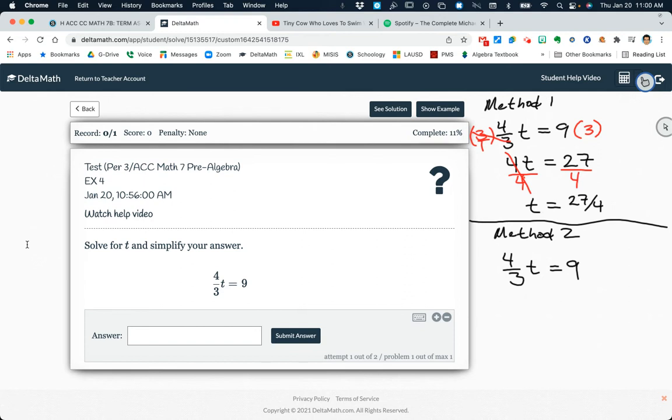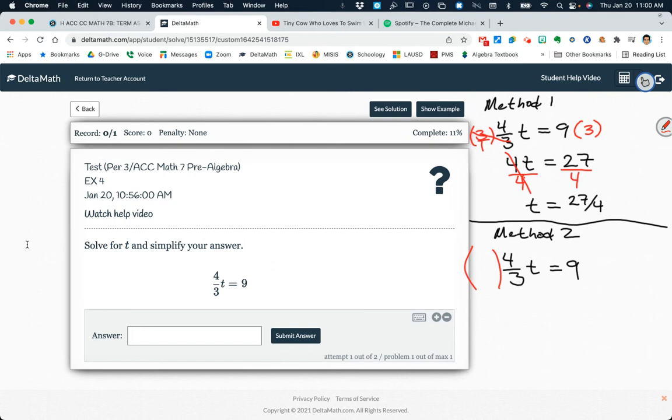Here's how method 2 works. We want to zap out all of 4/3. We don't want to do this two-step thing, right? So here's the deal. What number can I multiply 4/3 by so that it cancels? In other words, it becomes 1.